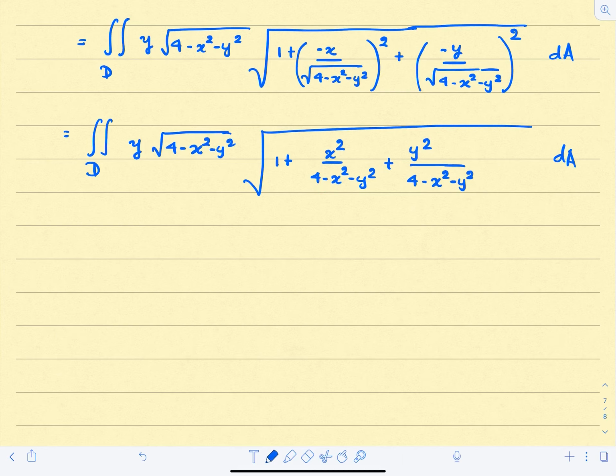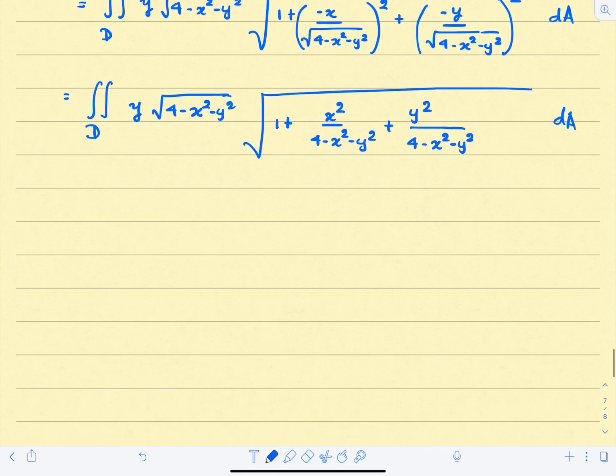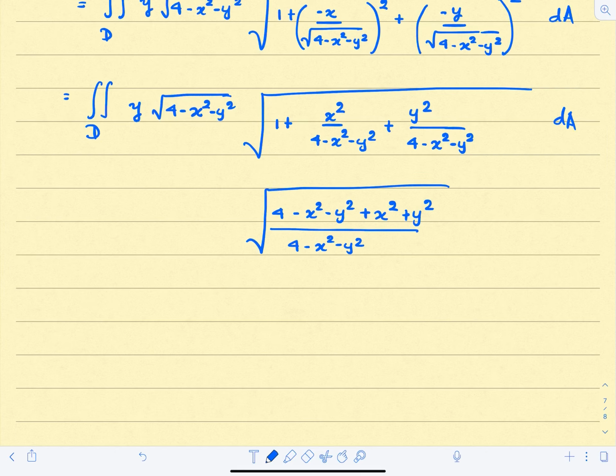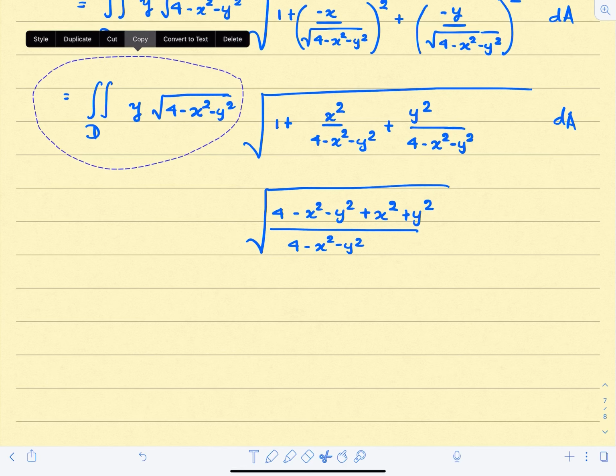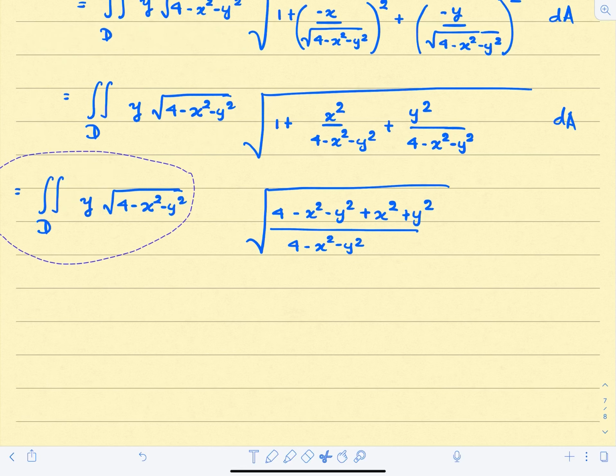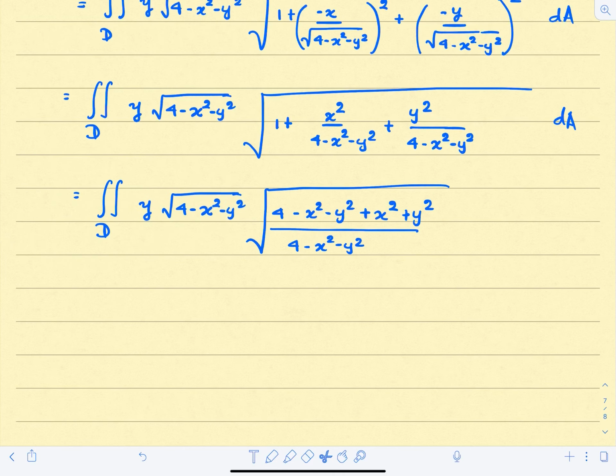If you do that, you will get 4 minus x squared minus y squared plus x squared plus y squared, all over 4 minus x squared minus y squared, dA.